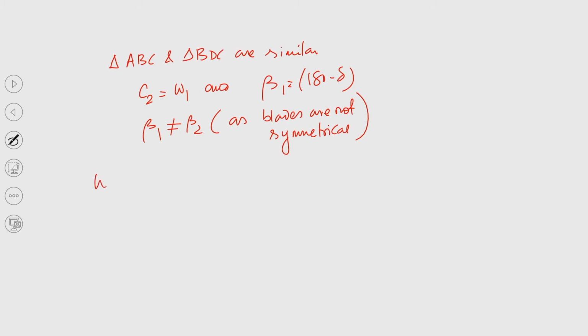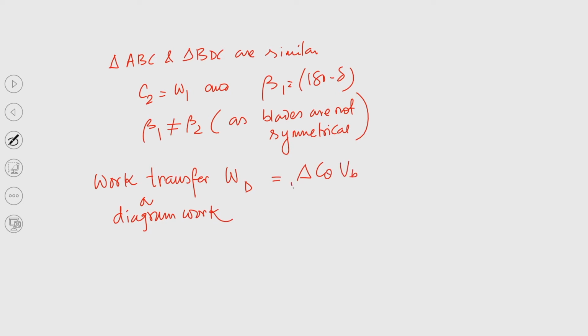So, work transfer W, or let us say I write W d, sometimes it is known as diagram work, equal to delta C theta into V b.